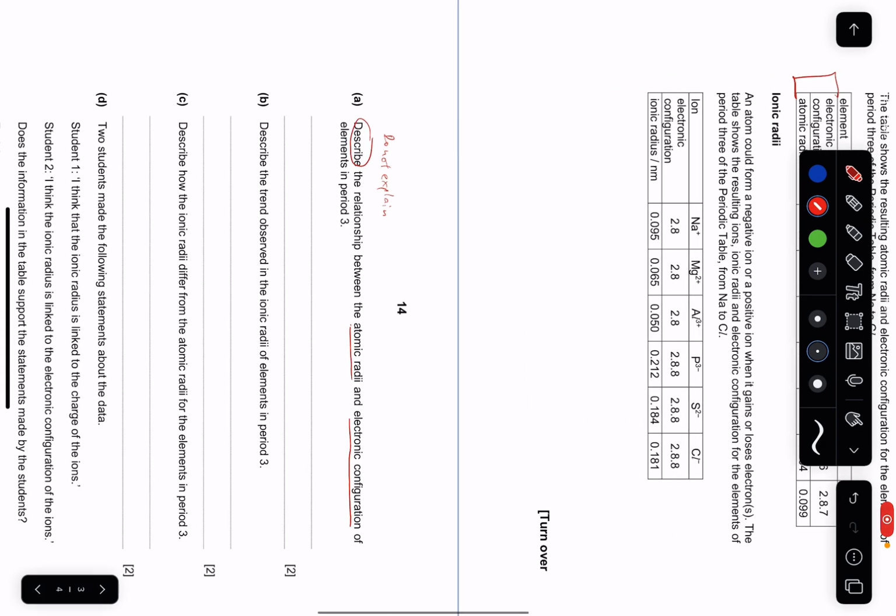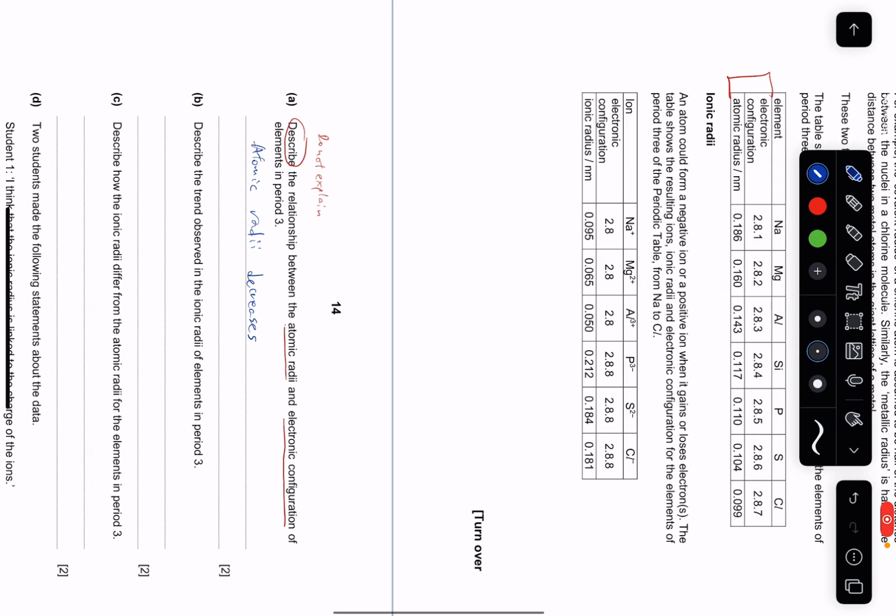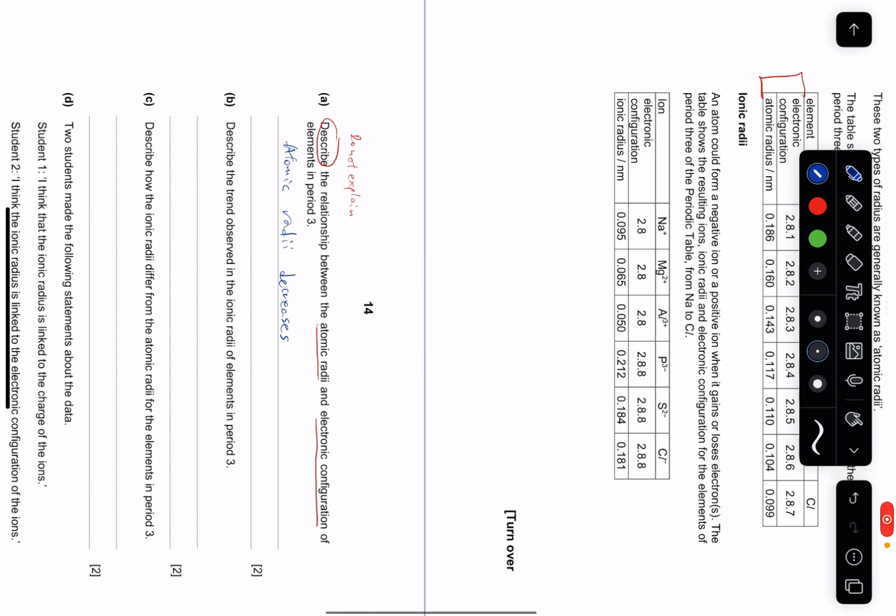You just tell me that the atomic radii decrease, from 186 to 99, when your electronic configuration increases.